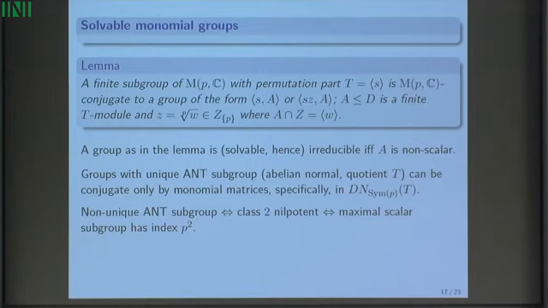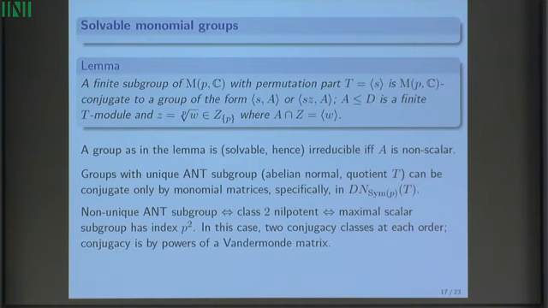Otherwise, the group has a scalar subgroup of index p squared, so it's nilpotent of class 2. There are only 2 conjugacy classes at each order, and conjugacy is effected by a Vandermonde matrix. Don't know why that's interesting, but anyway, that's what we used.